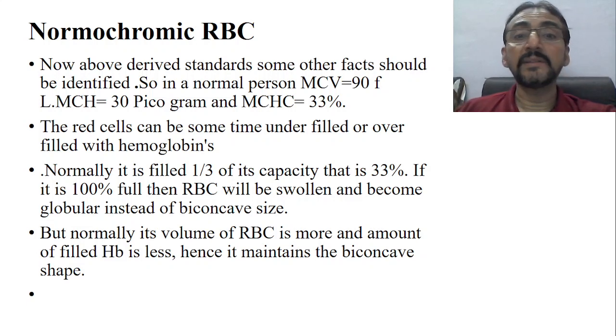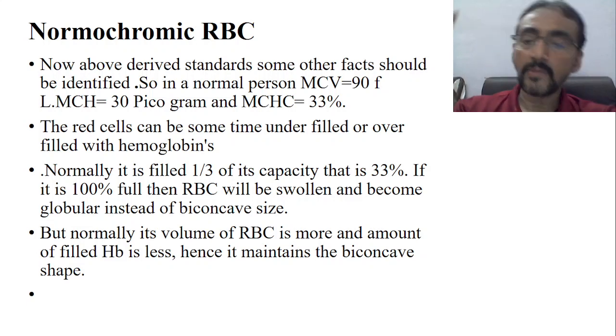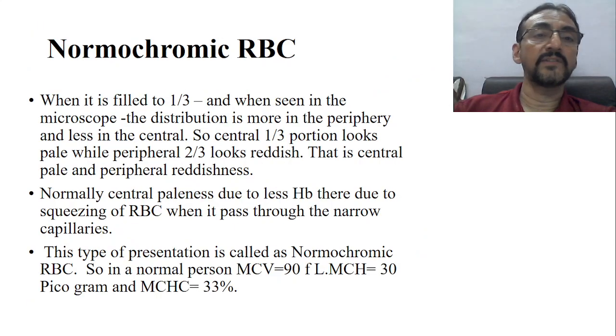Normally it is filled to 1/3 of its capacity, that is 33%. If it is 100%, if there is 100% hemoglobin inside the RBC, then the RBC will be swollen and become globular instead of biconcave, and that leads to abnormal RBC size. But normally the volume of the RBC is more and the amount of Hb filled is less. Hence it maintains the biconcave shape.